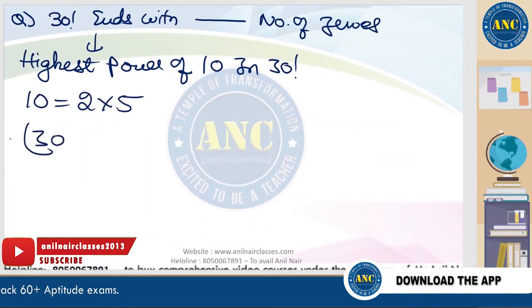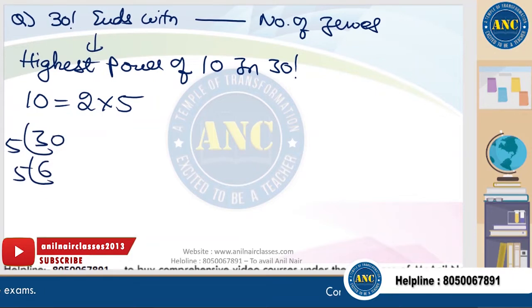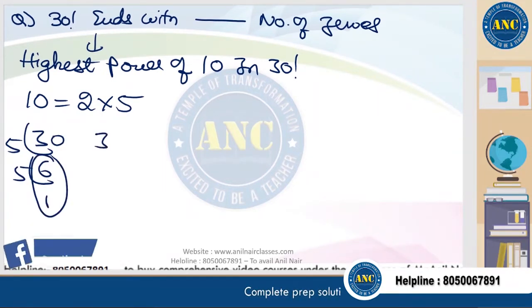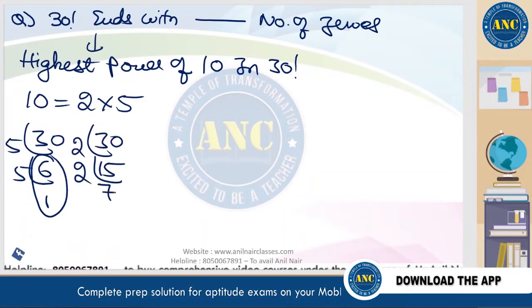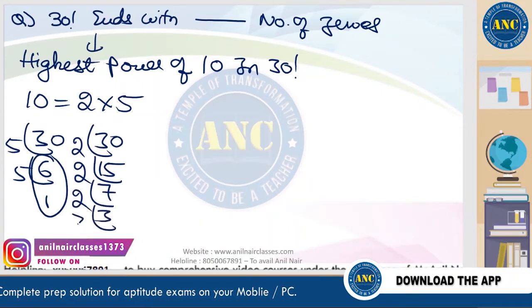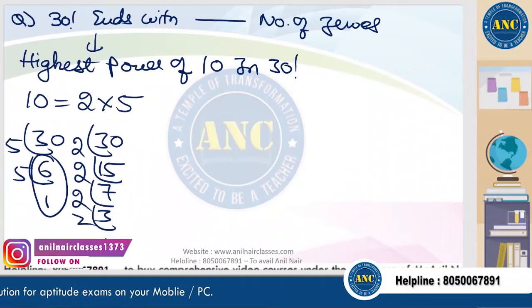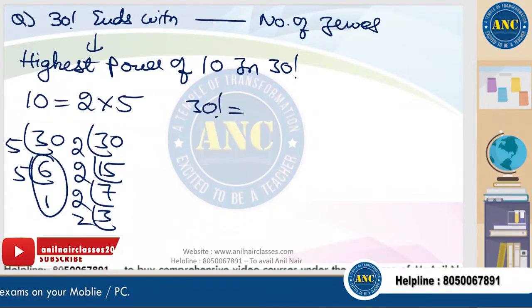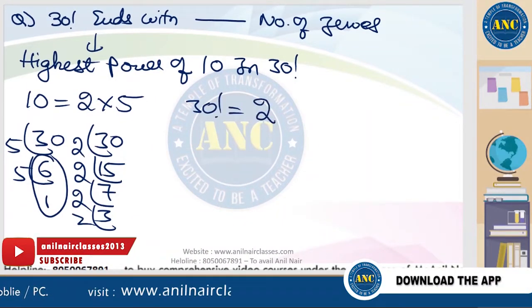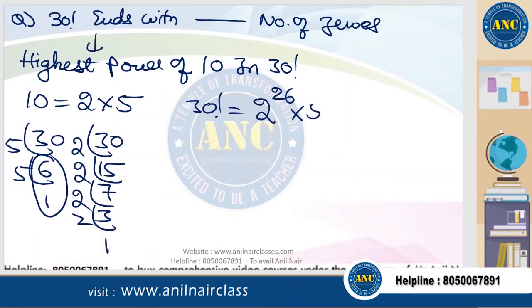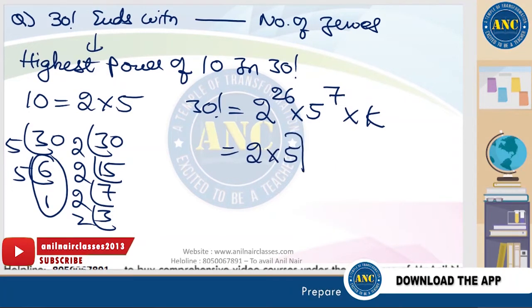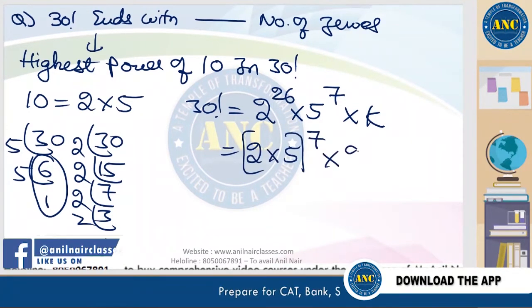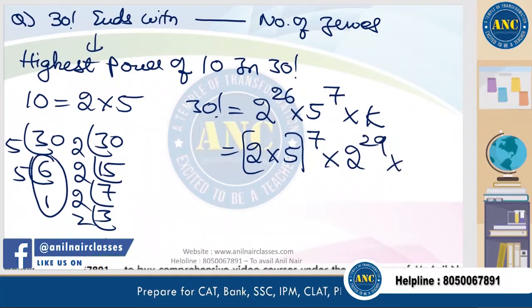Powers of 5 in 30: 5 sixes are 30, 5 ones are 5, so 7. Powers of 2 in 30: 15, 7, 3, 1, total 26. So 30 factorial is 2 power 26 into 5 power 7 into k, which is 2 into 5 power 7 into 2 power 19 into k.